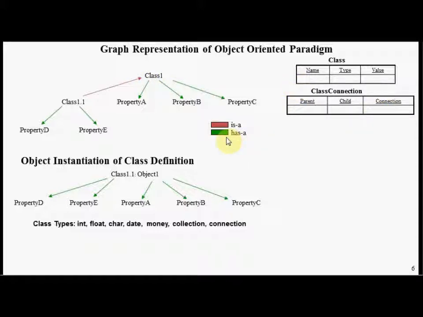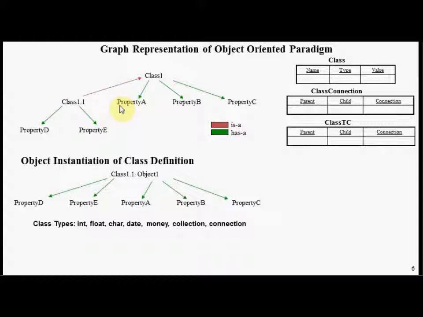In this case, it's going to be either has-a or is-a. And then we have a transitive closure table representing the transitive closure of this class graph. And assume for a minute that this transitive closure table is automatically populated and managed whenever nodes or connections are added or deleted in this class graph.